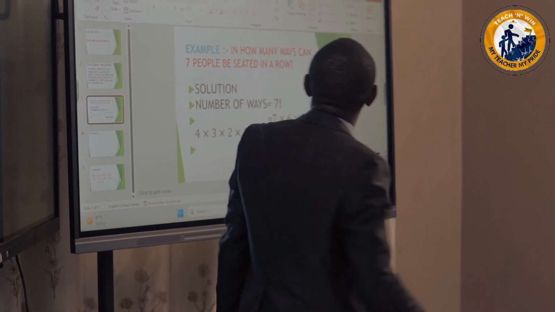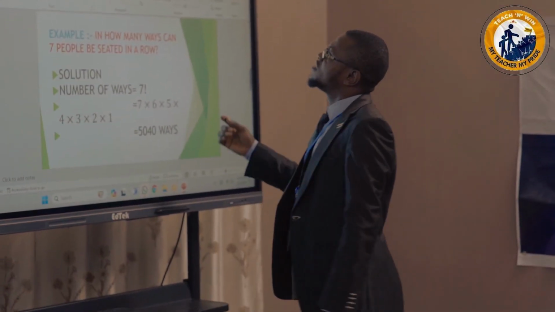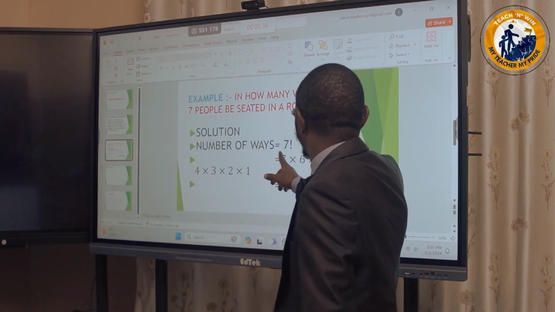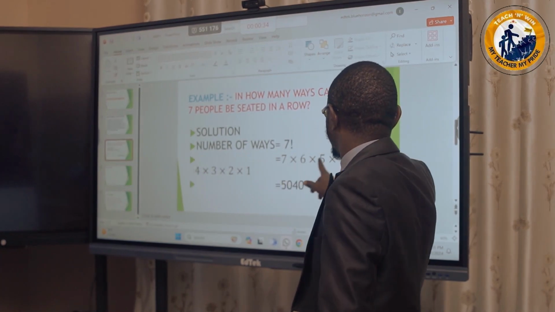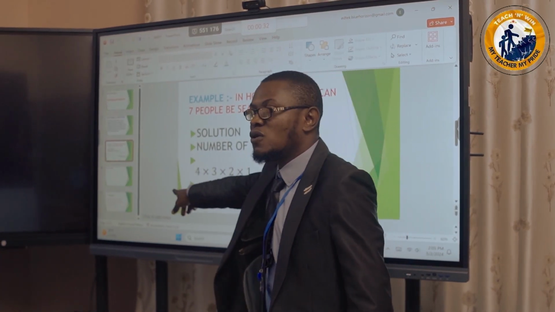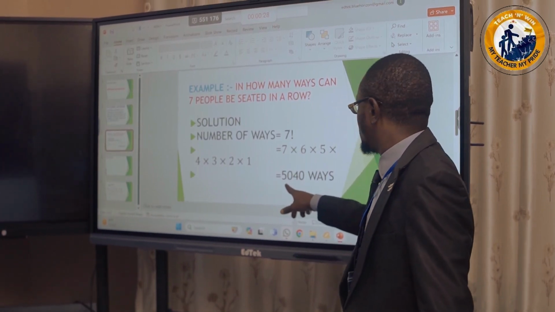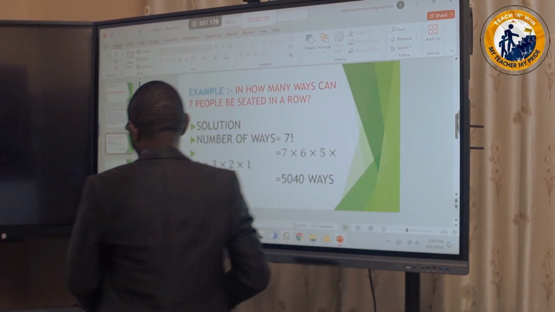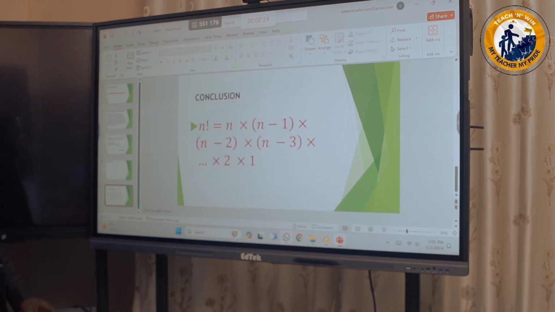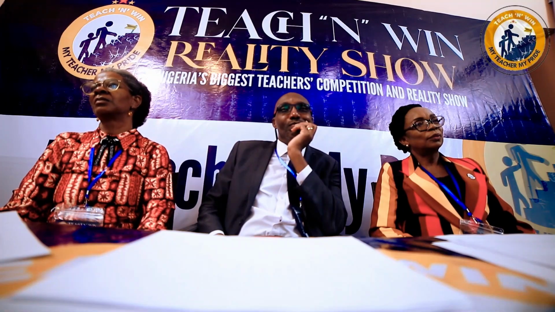The number of ways is 7 factorial, which is 7 times 6 times 5 times 4 times 3 times 2 times 1, and that's 5,040 ways.